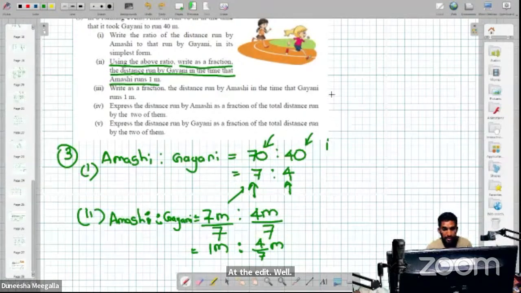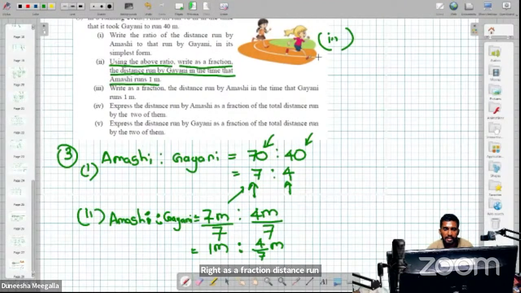Okay, let's go to the third one. Write as a fraction the distance run by Amashi in the time that Gayani runs 1 meter.